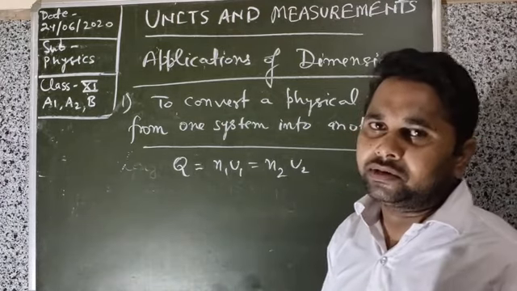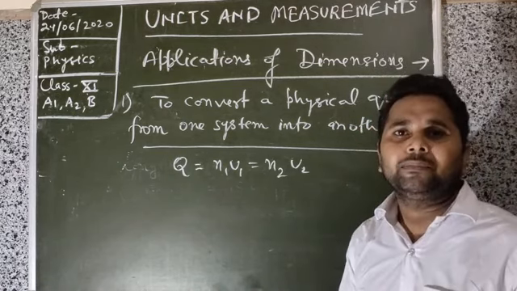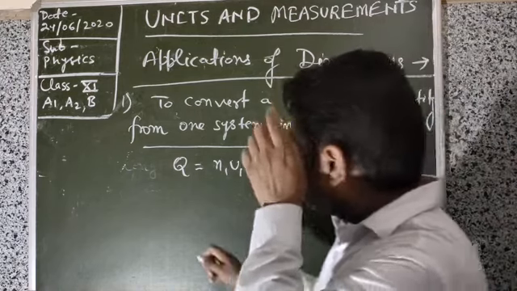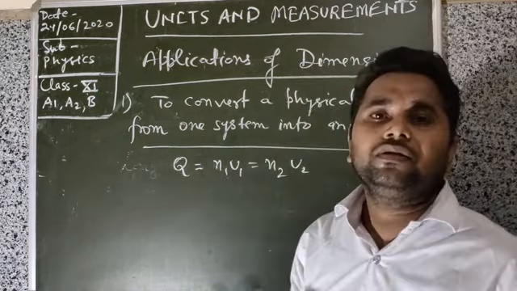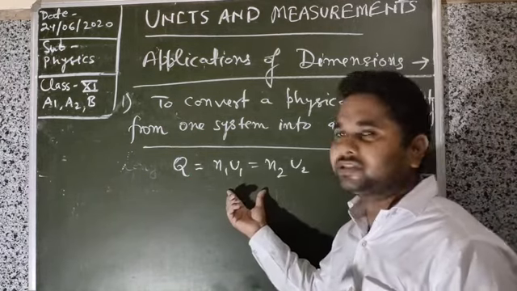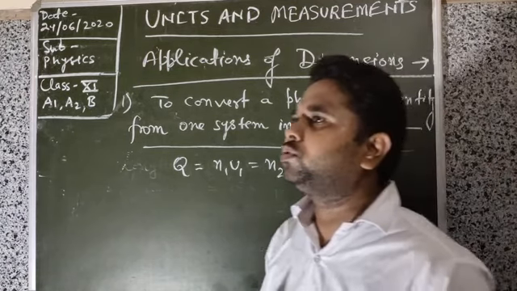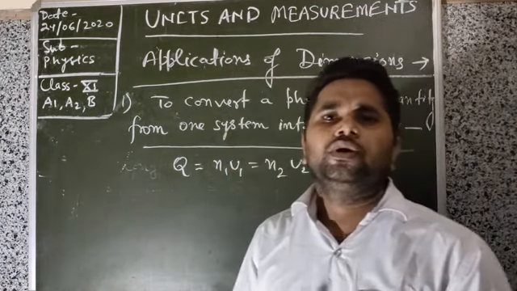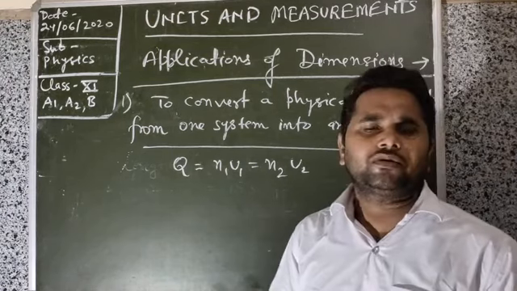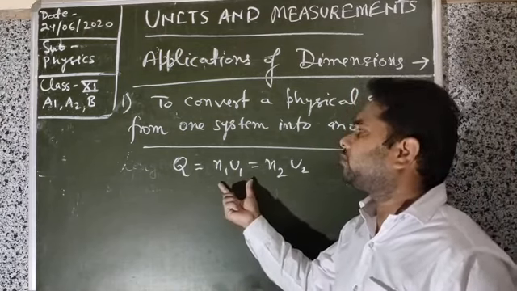So we have to introduce some dimensional terms here. Suppose the dimensional formula of the given physical quantity, whichever we are discussing, whether it is length, force, time, velocity or acceleration, whatever the physical quantity, can be converted from one system of unit into another.